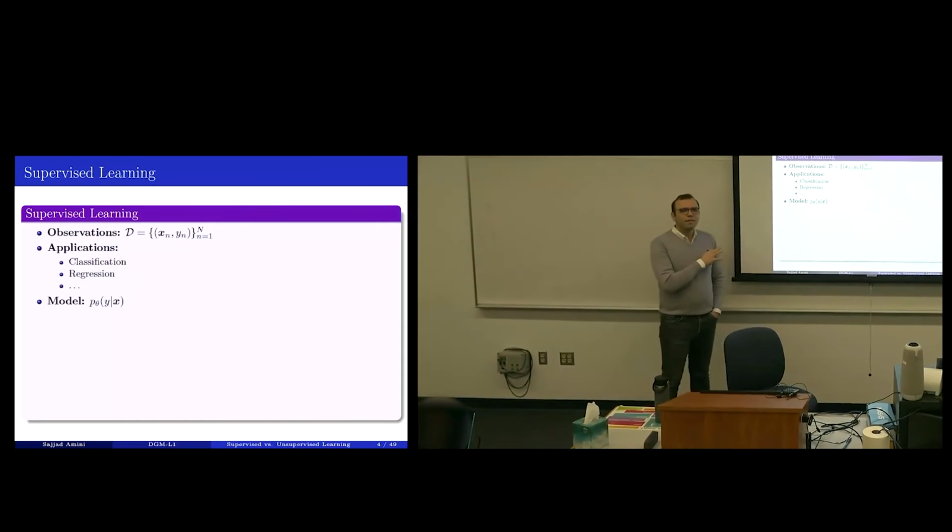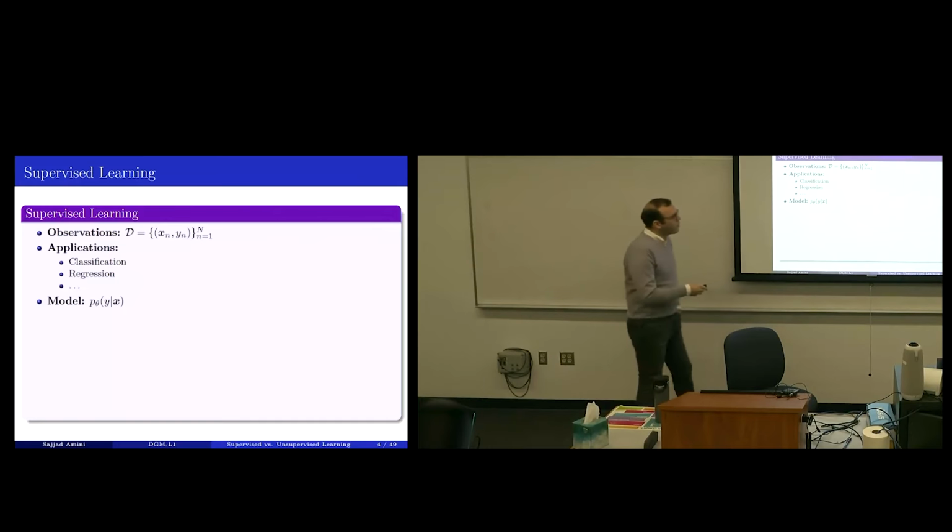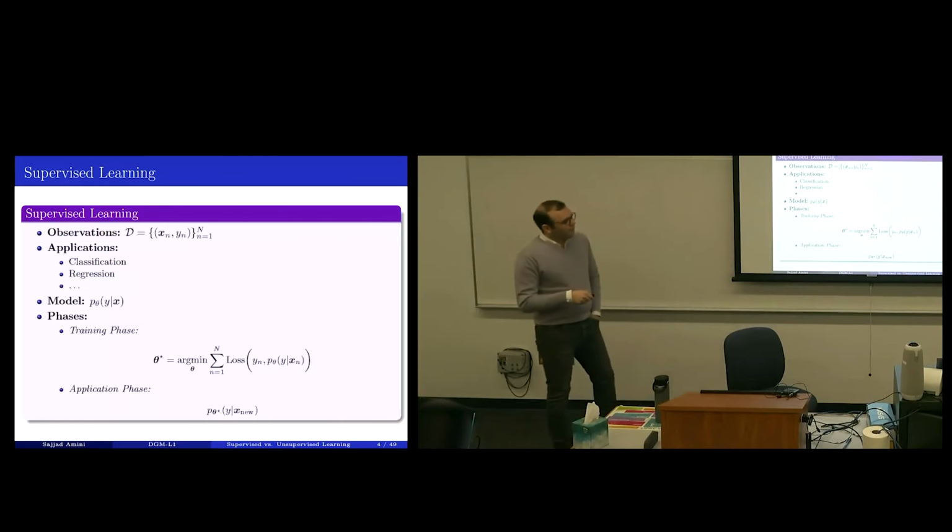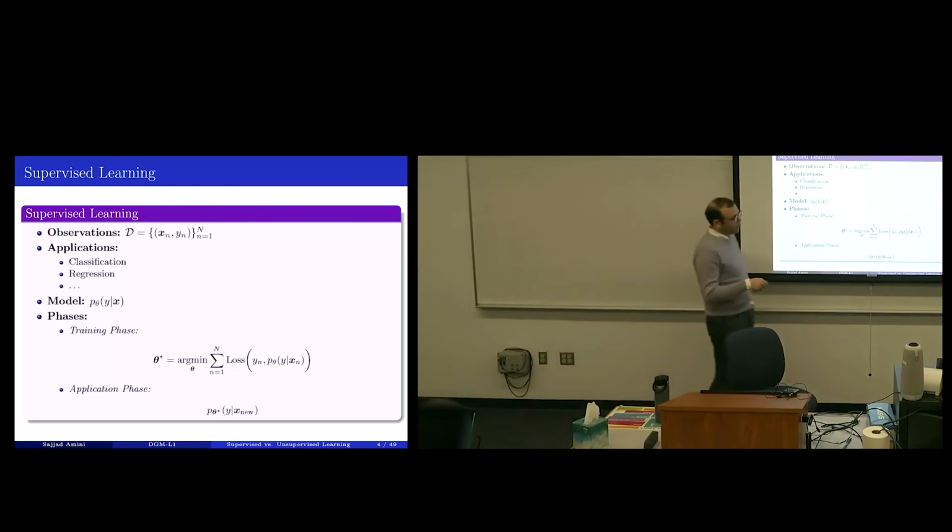Are you familiar with this type of concept? Oh, great. So, in the training phase, what do we do? We define a loss between the output of this model and the label you have provided in your observation, and then you try to minimize it with respect to the parameters of this distribution.